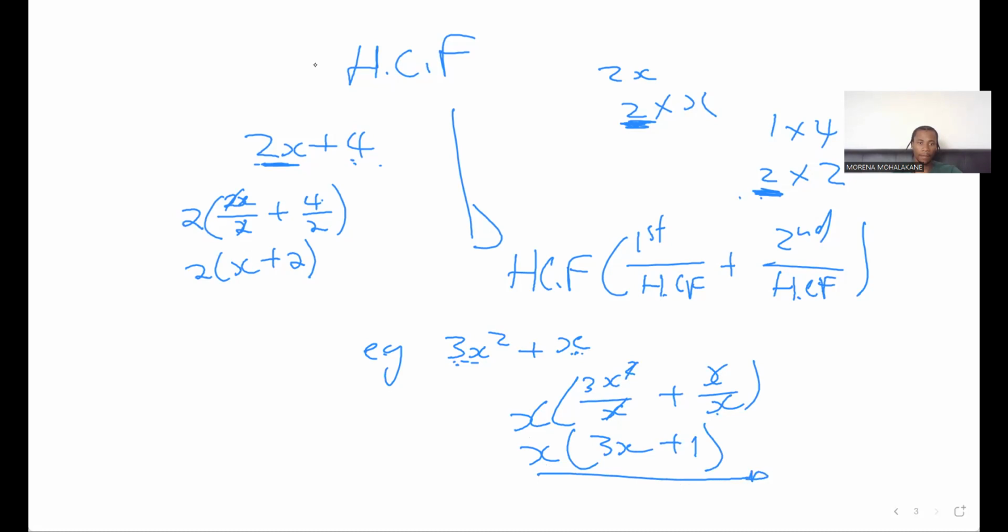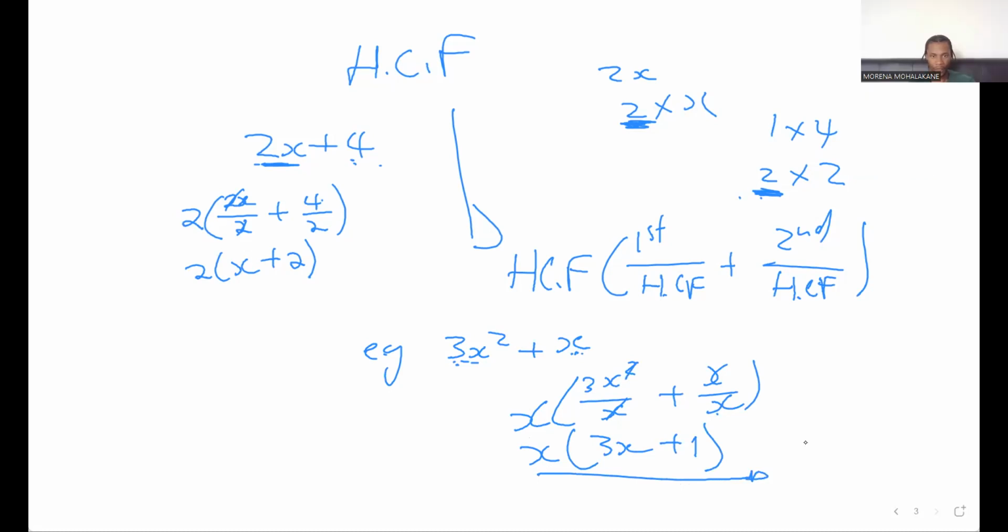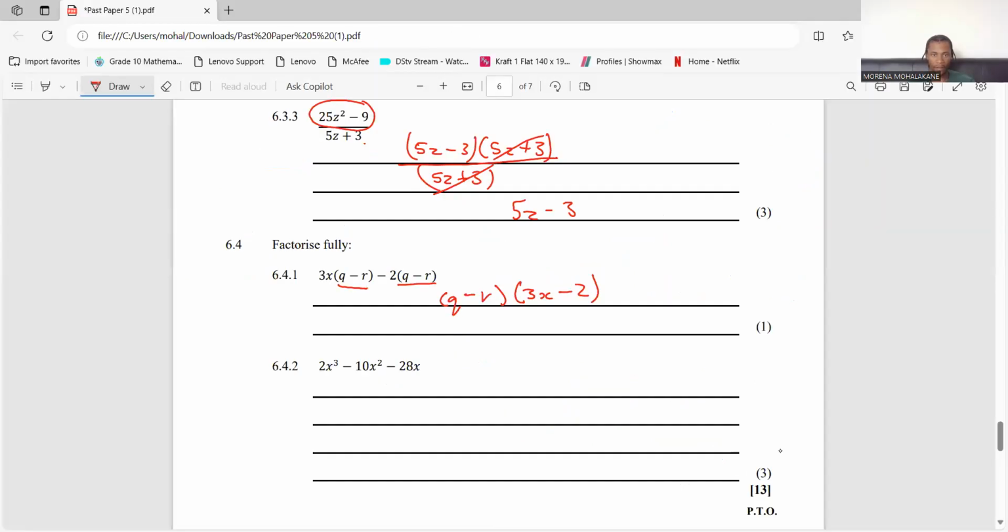Now, getting back to the question. Here we divided everything by q minus r. What is common here? It appears on both. Only x is common. I'm going to have 2x.